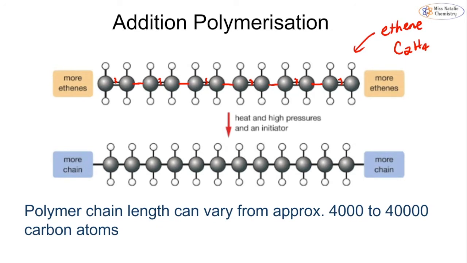We get the breaking of this double bond and we form single bonds with the carbons next to each other, forming this very long chain. And you can see that at the sides here, we're saying that we have more and more. This is actually just a small section of the polymer, because polymer chain lengths could be upwards of 4,000 or even 40,000 carbons in a row. So of course we would never draw that, we only focus on one small section of the polymer.